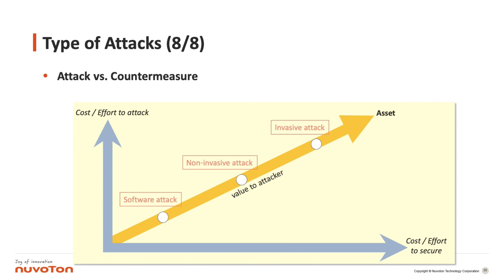The y-axis in this figure represents the cost of the attack, and the x-axis represents the cost of the security function denied. If the value of MCU assets is represented by a slash, when the asset value is high, potential attackers are more likely to adopt more costly attack measures.